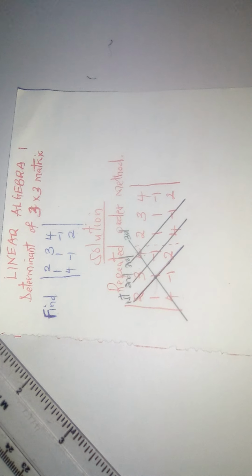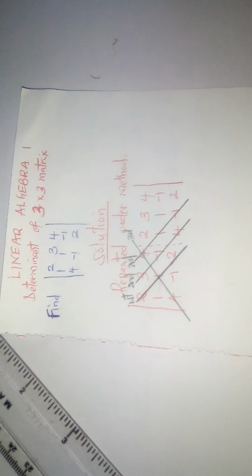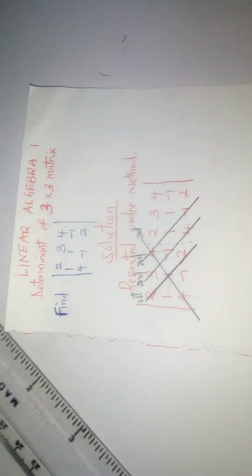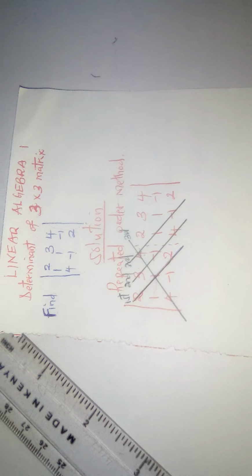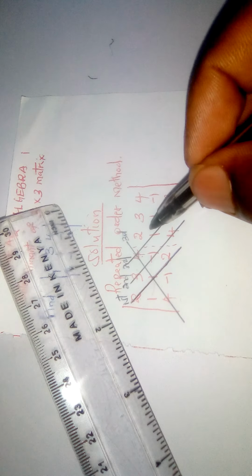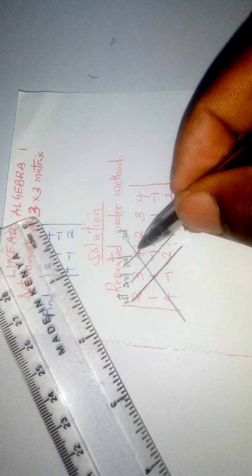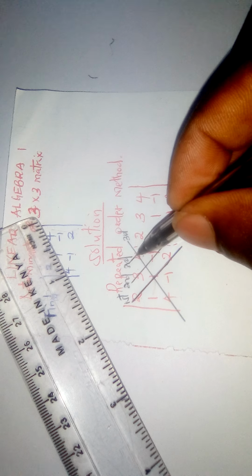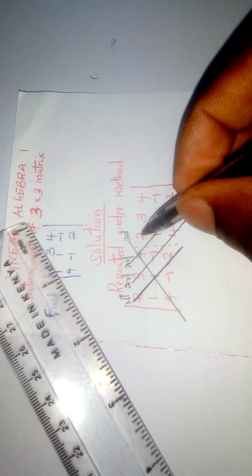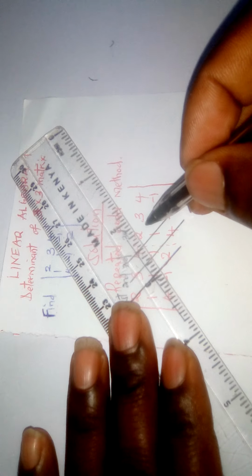Now after that, I'll make my second diagonal. How can I make my second diagonal? After value 4, I move to value 2. I'll come to value 2 there, then I make the diagonal.